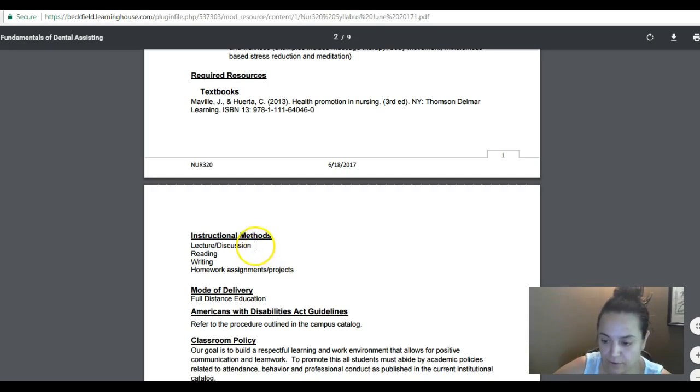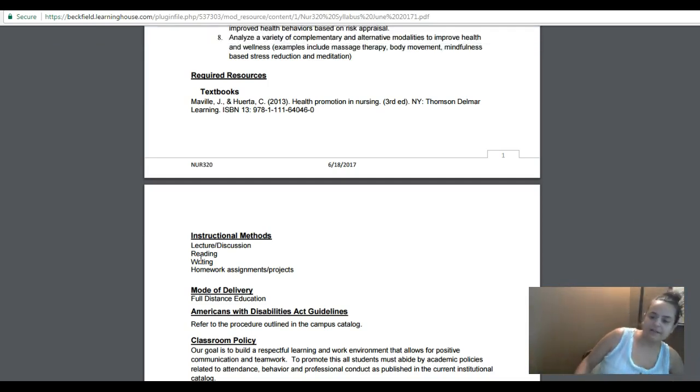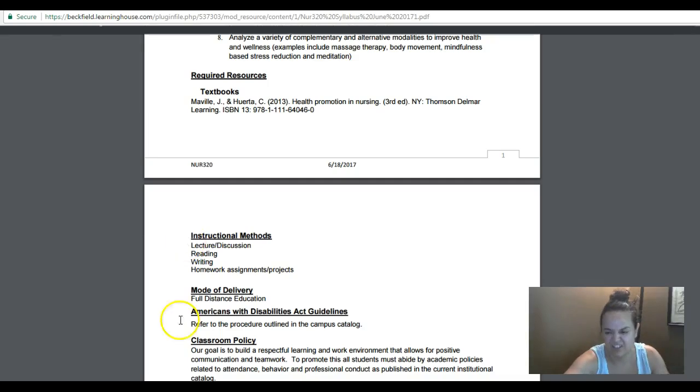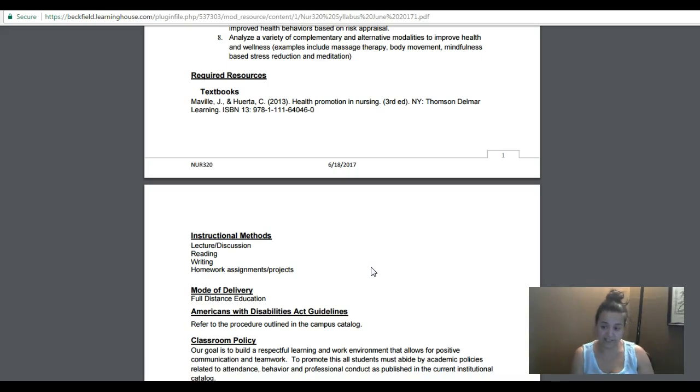All right, so we're going to have lecture and discussion. Discussion comes from our forums, of course, and reading. On each wall, there's going to be the assigned reading and then extra reading that is never going to be mandatory, but it's going to be helpful for you to understand concepts a little more. I went through and chose them specifically for each week, so I would definitely take a gander at the reading.